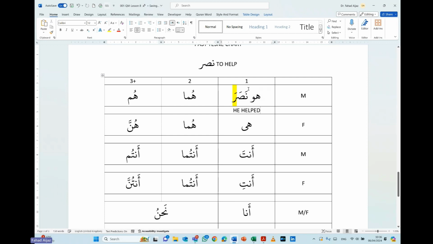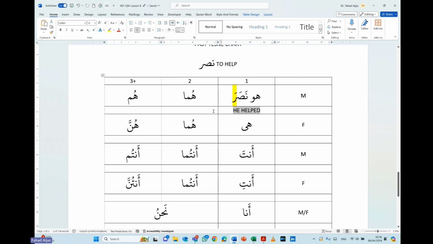He helped. So the way I want you to memorize or retain this in your mind is with the pronoun for now, okay? So you can say nasara only, but I would like you to firm it up as huwa nasara. So you know there is a huwa inside it. It gets installed in your mind, okay? Huwa nasara. So whenever we are saying nasara, we're actually saying he helped, okay?